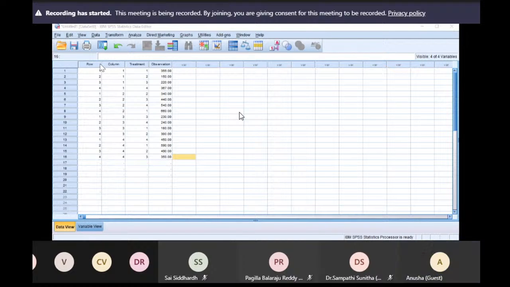Go to variable view and select this entire data and delete. Just select the entire data and delete.